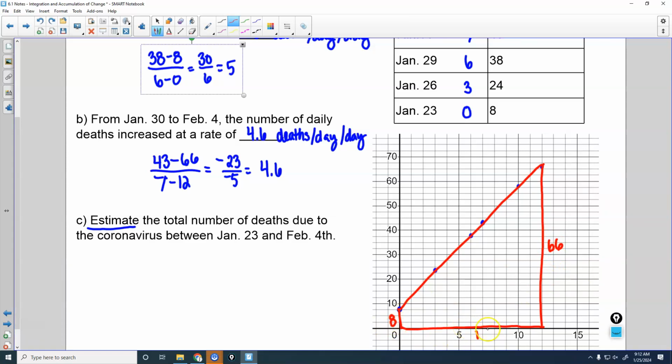Those bases are 8 and 66, and the height is 12. So we would have 1/2 times 12 times 8 plus 66. So that is 6 times 74, which is 444. And what would that be measured in?